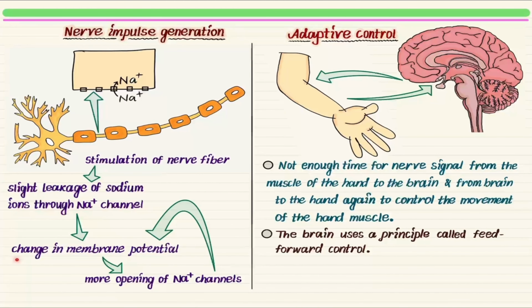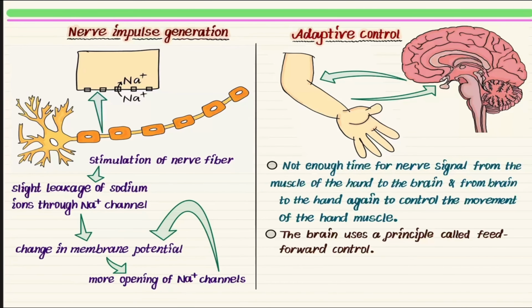Entry of sodium into the nerve cell causes a change in membrane potential. Then the change in membrane potential inside the nerve fiber causes more opening of the sodium channel. This causes more change in membrane potential, again more opening of the sodium channel. This process continues until the nerve signal reaches the end of the nerve fiber.